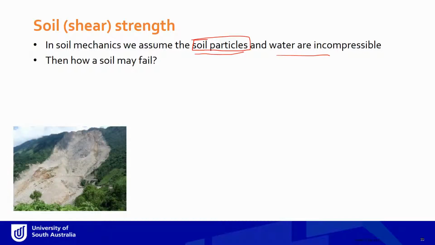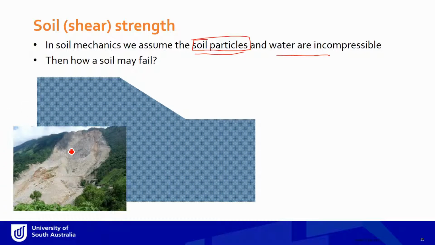Let's see, let's take an example of this slope failure. Some slope failure happened here. Now if I redraw it, it's a slope instability problem, something like that happened. A chunk of soil like this just came sliding down.